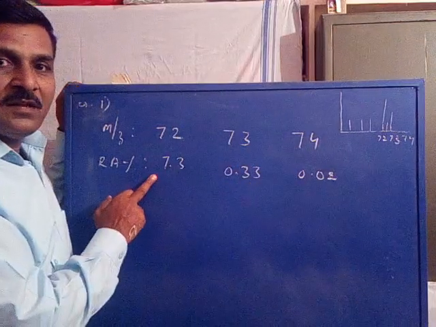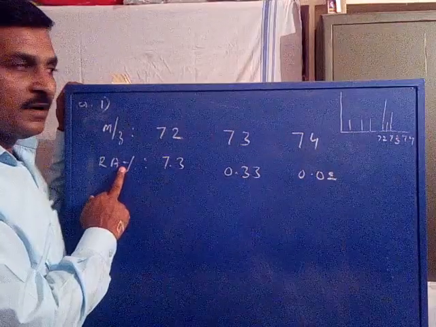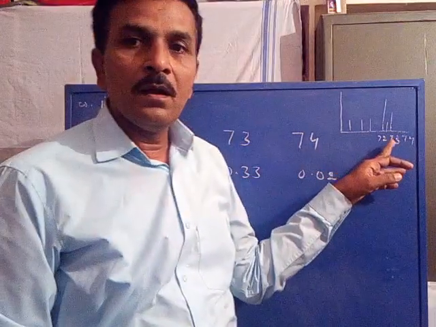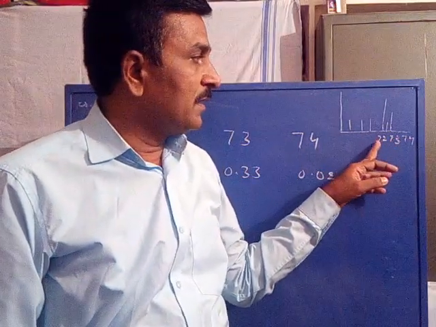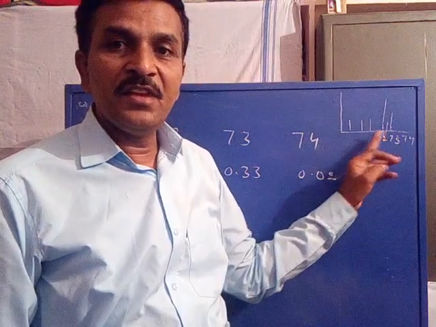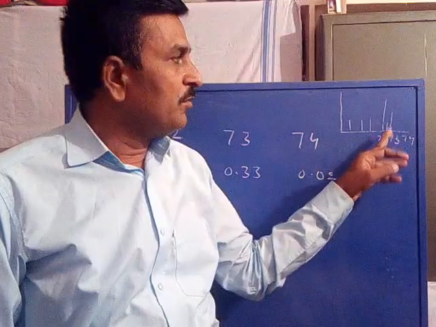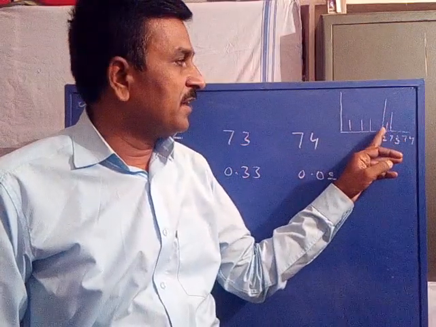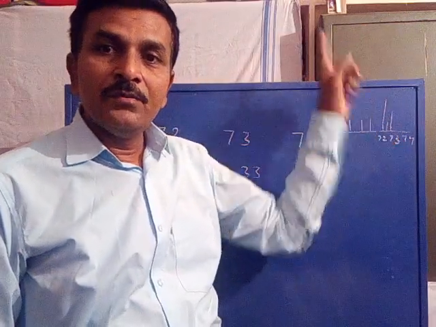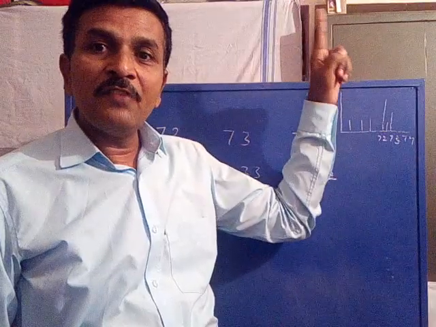This series and the relative abundance should be obtained from the mass spectrum at higher m/z values, a series of signals with their relative abundance percentages. So we can calculate the relative abundance percentage of each signal with respect to the base peak signal.